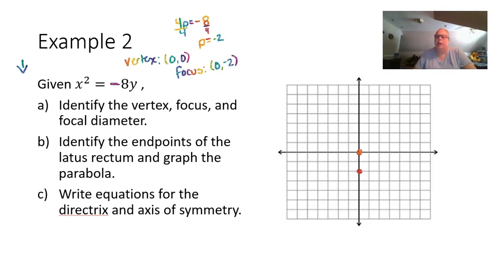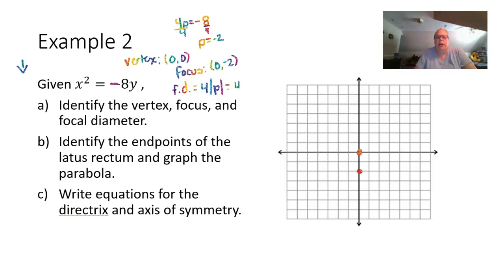Now your parabola is going to open in the direction of the focus. The focus should always be in the interior of your parabola. All right, the focal diameter. We haven't really talked about this a whole lot. It's not really obvious in the notes, but your focal diameter, I'm just going to put FD here, is going to be 4 times the absolute value of whatever p is.